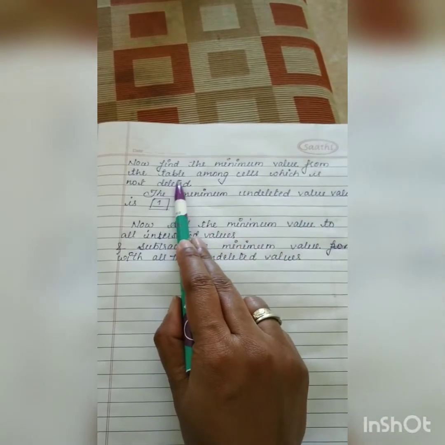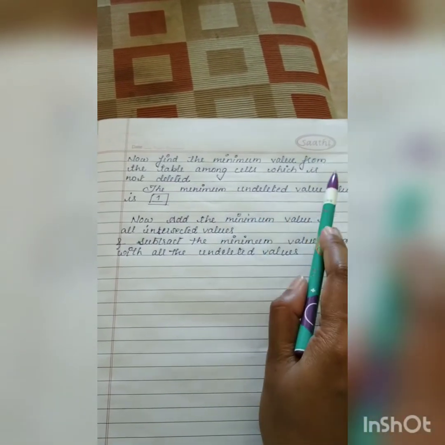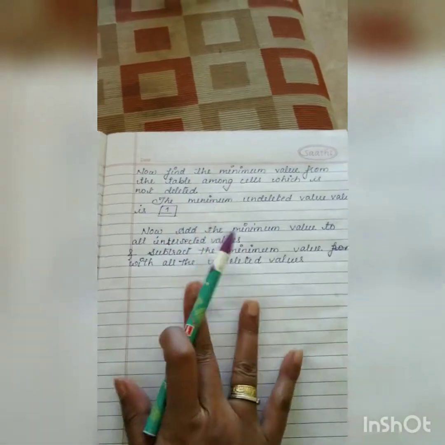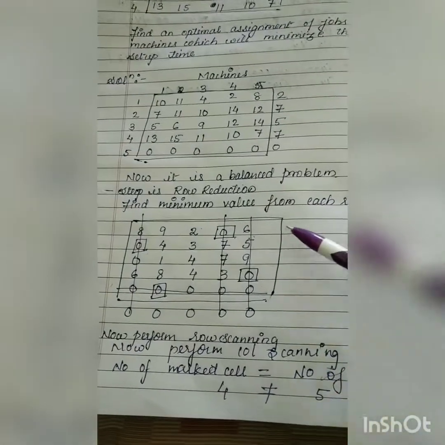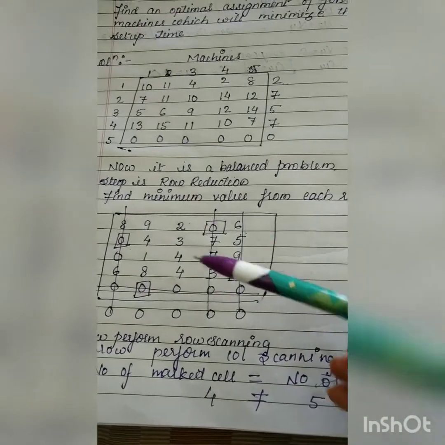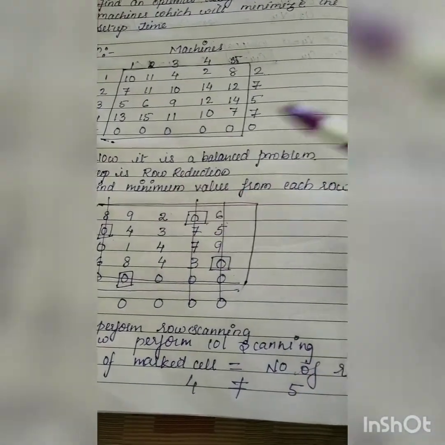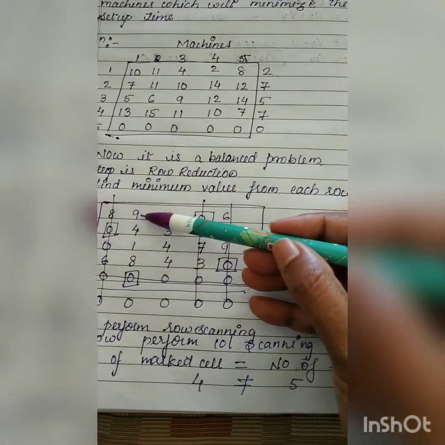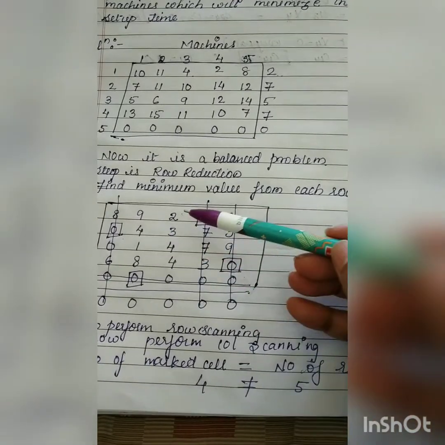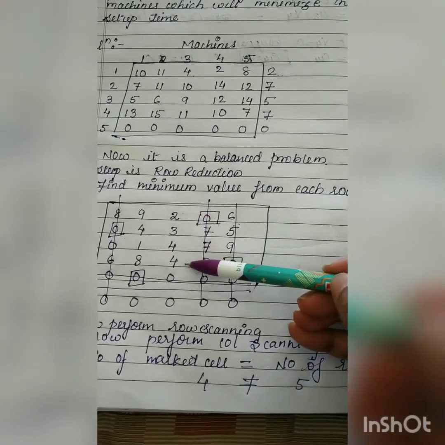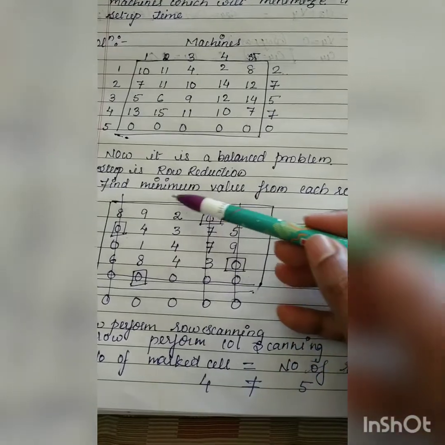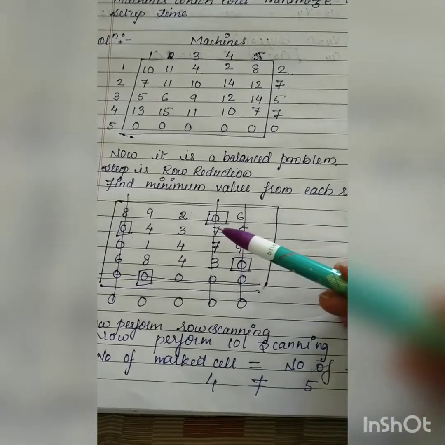from the table among the cells which are not deleted. So we'll look at the table among the undeleted values. The undeleted values are 9, 4, 1, 8, 2, 3, 4, 4. These are the undeleted values and the rest are deleted values.